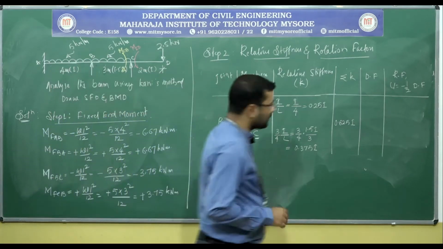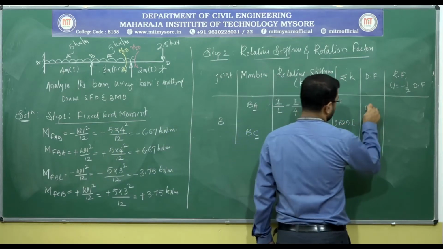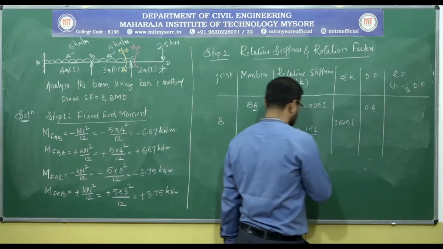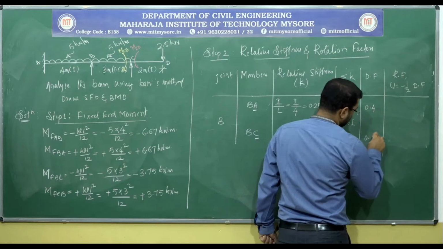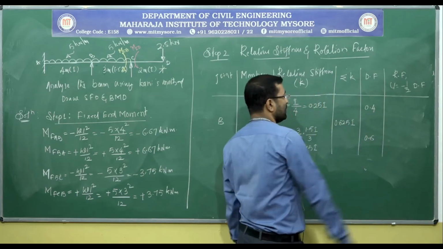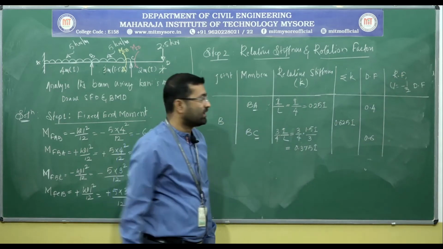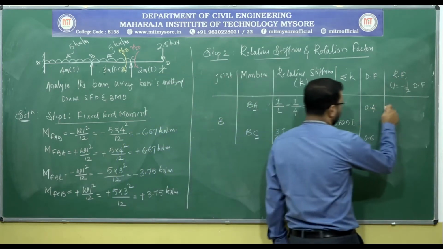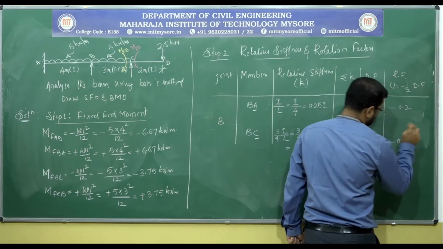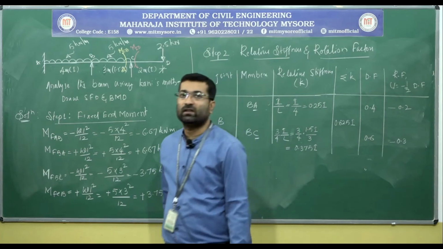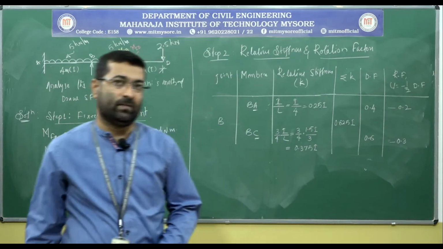So if I work out the distribution factor, 0.25 divided by 0.625 gives you 0.4, and 0.375 divided by 0.625 gives you 0.6. Then the rotation factor can be estimated: U is equal to minus half of the distribution factor. So this is minus 0.2 and minus 0.3. These are the rotation factor values which we are going to use in the next step.